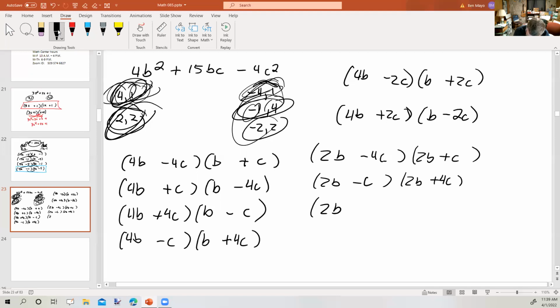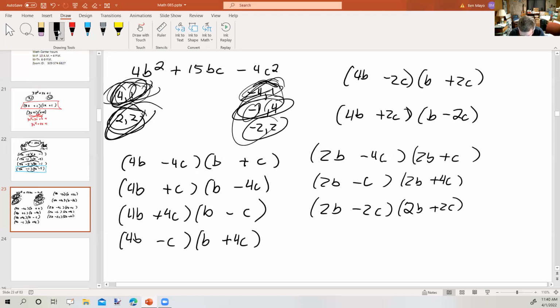And then 2b, minus 2c plus 2c. I think that's all of them. Let's see, 6, 7, 8, 9. Yep. So those are all the possibilities that give me 4b squared up front and minus 4c squared at the end.